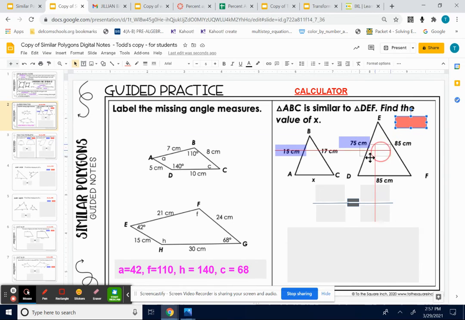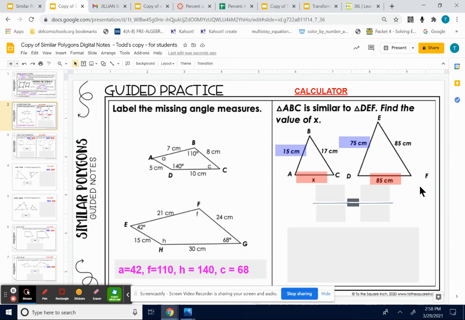Let's look at x. Side x in the small triangle corresponds to 85 in the big triangle because they're in the same place. They're both on the bottom.